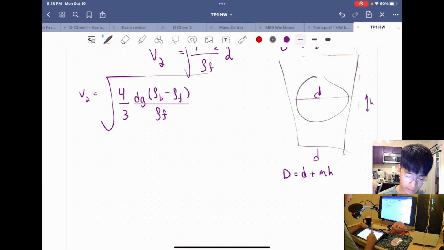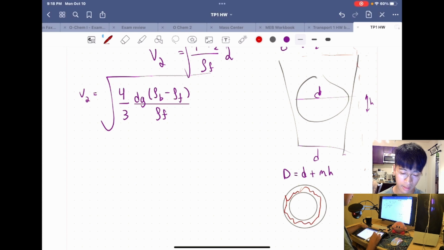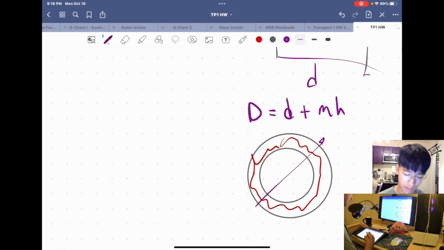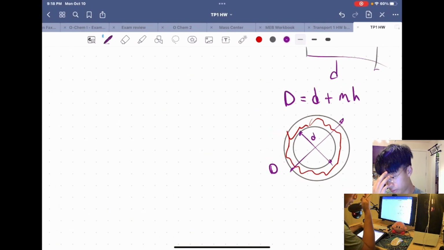So you look down your rotameter and you see something like this, where we are interested, that's not perfect, but we're interested in this area between here, which is the difference between big D and little d, right? Uppercase D and lowercase d. And the area is going to be what?